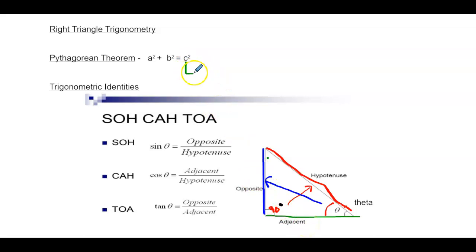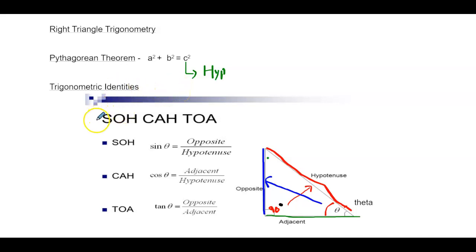C in the Pythagorean theorem is the hypotenuse, so the hypotenuse is always letter C. It doesn't matter if you call the opposite side A or the adjacent side A, and the opposite side B or the adjacent side B, but it's basically one of the smaller legs of the triangle squared plus the other smaller leg squared should equal the hypotenuse squared. So we'll use that to do some solving for missing sides.